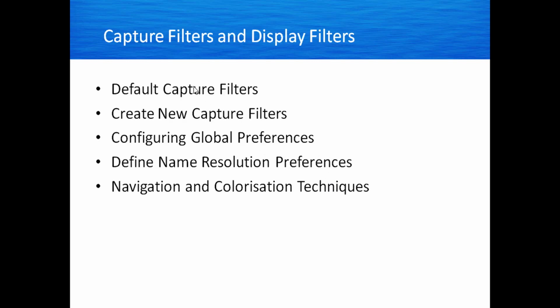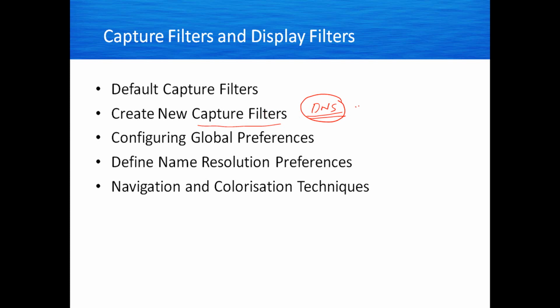There are a lot of capture filters and display filters. Capture filter means you set the filter before you capture the data. For example, if you use a capture filter for capturing the DNS packets of a communication, you will get only the DNS packets captured. That is what a capture filter is for.